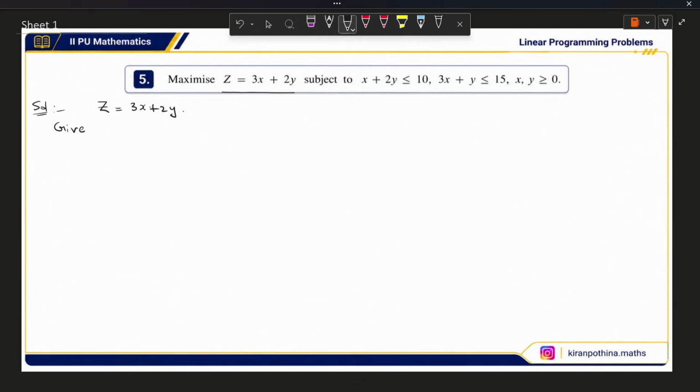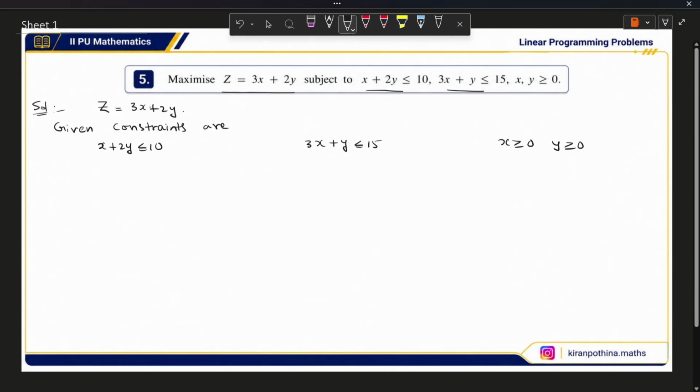Constraints, in the sense they are given as linear inequalities, these are considered as constraints. So the given constraints are: first one is x plus 2y less than or equal to 10, and one more, that is 3x plus y less than or equal to 15, and then x greater than 0, y greater than 0.